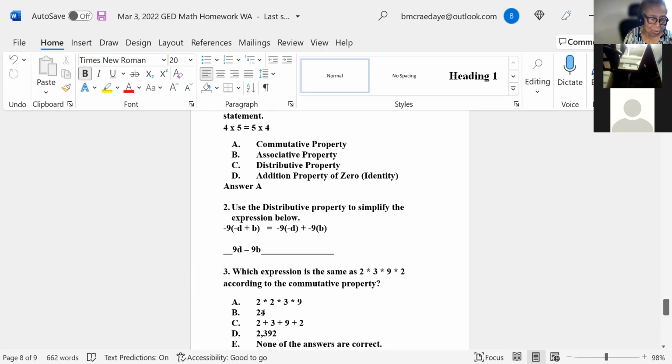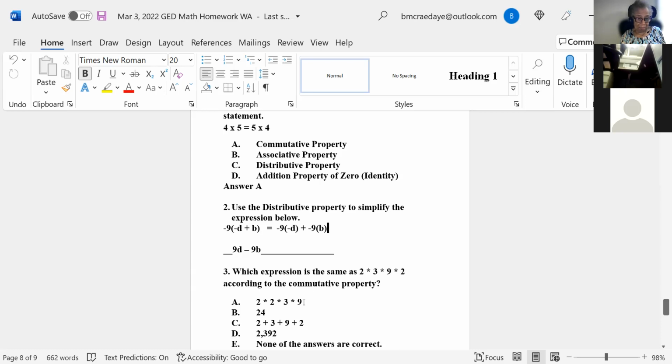And for these two numbers, B and D, if you multiply 2 times 3, you get 6. 6 times 9 is 54. 54 times 2 is 108. So that does not match B, and it doesn't match D. And actually, A has the same numbers that are in this expression, except we moved them around.